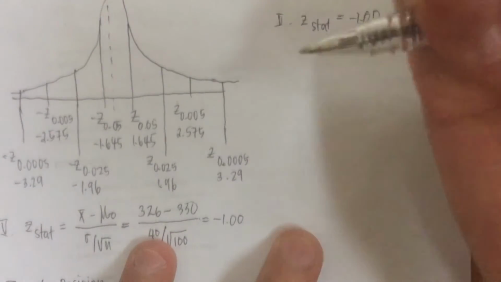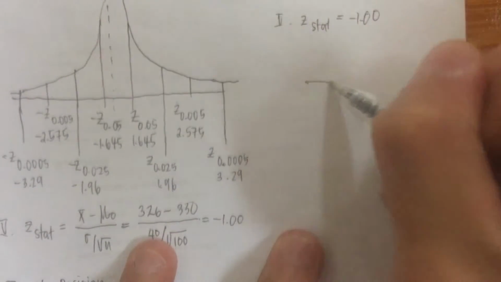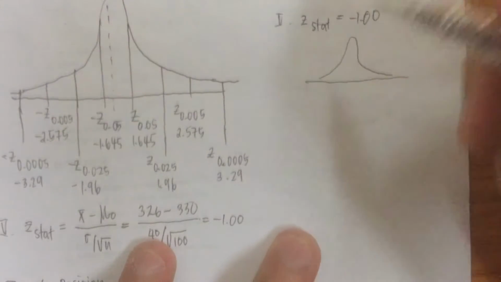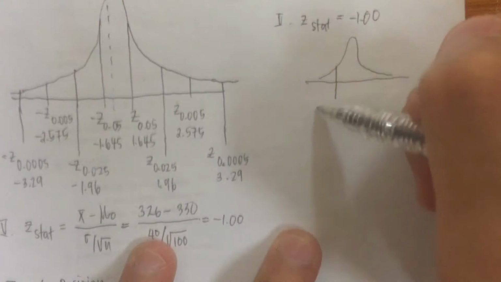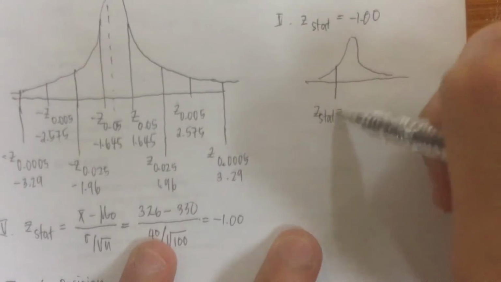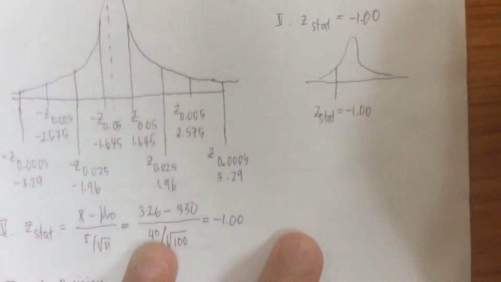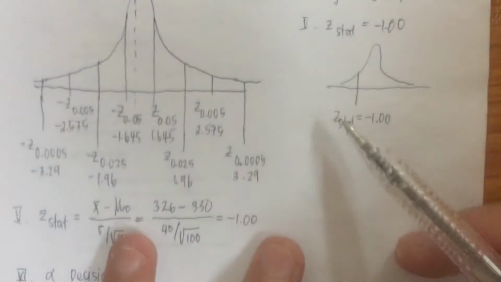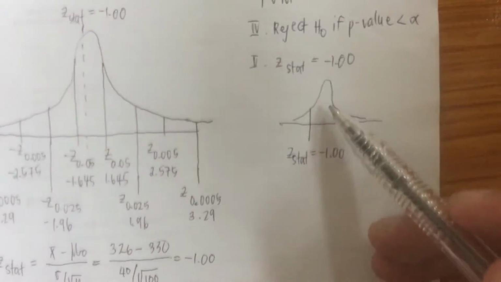So the p-value should be based on this test statistic. So if you try to locate -1 along the curve, this is the test statistic. Now, the p-value, again, is an area. But in this case, remember, this is two-sided. So the area should also be two-sided.